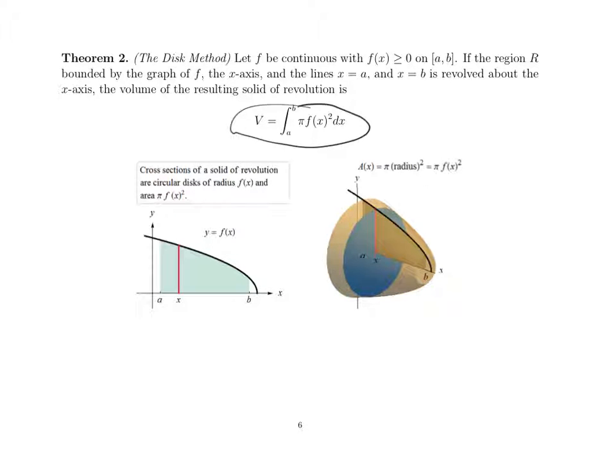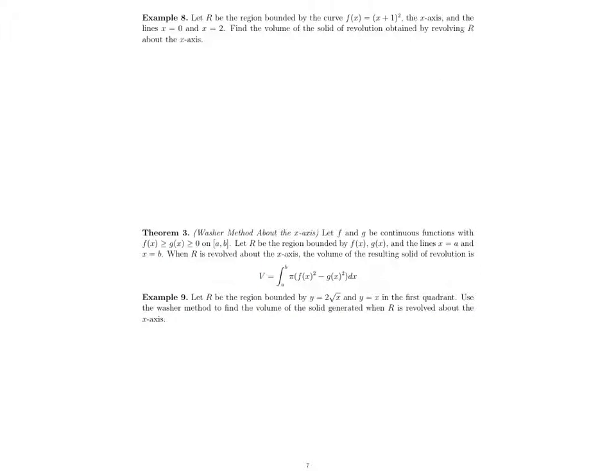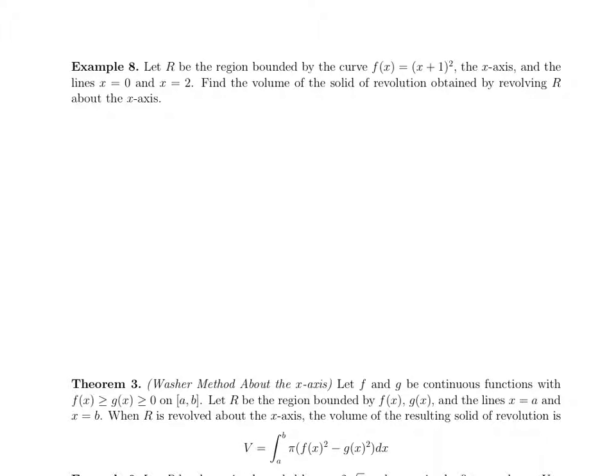Okay, so that's the idea of the disk method, and that's why we're using this formula that we have here, which is still going to be an integral of the area, but that area now is in terms of disks or circles, which is where the pi r squared comes from. Okay, so let's do the first example for that problem. We're going to have some region bounded by the curve f of x equals x plus 1 squared.